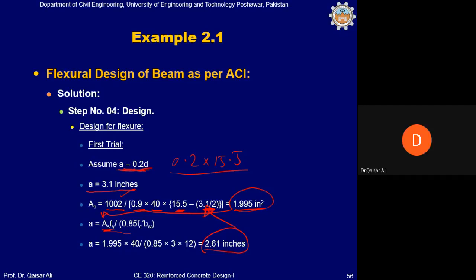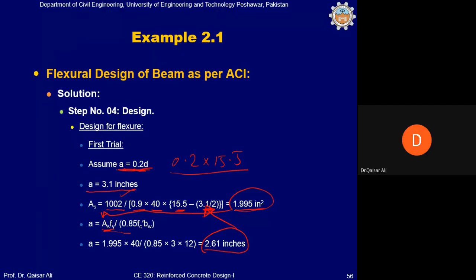Please, what is the final value of As? Sir, 1.9573. Okay, I will write this. What is As max? Have you calculated As max, maximum area of steel? Yes, sir. 4.2, and As minimum is 0.93 and 0.744, but we take the maximum of it, so it is 0.93 square inch. Okay, very good. What is your name? Qaim Shah. Okay, good.